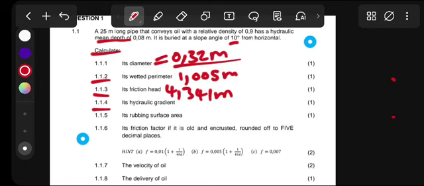We are talking about I. It's simple because this I is equal to HF over length.